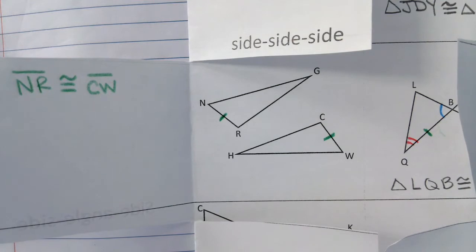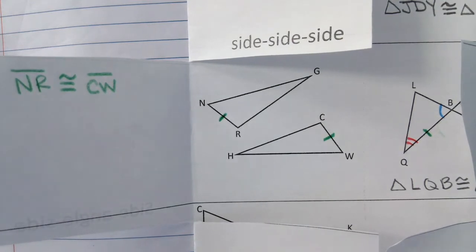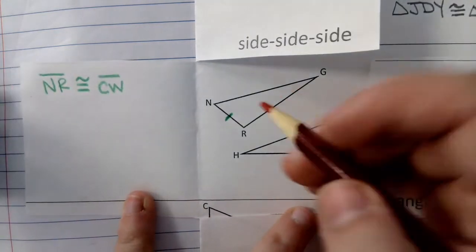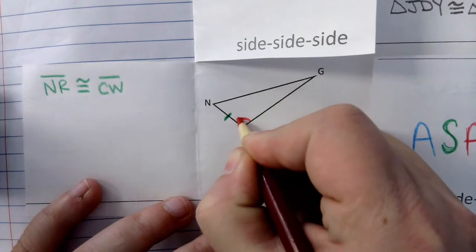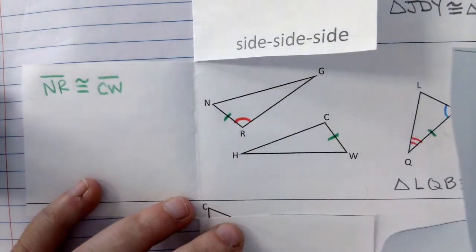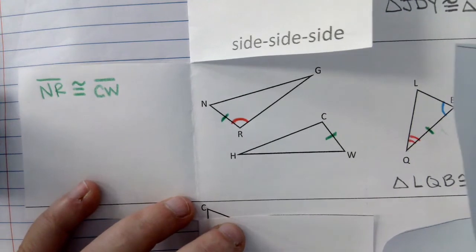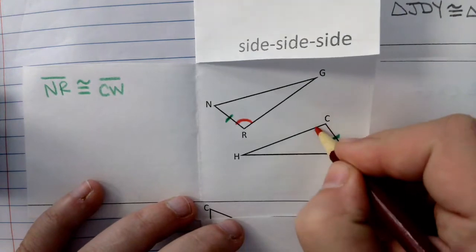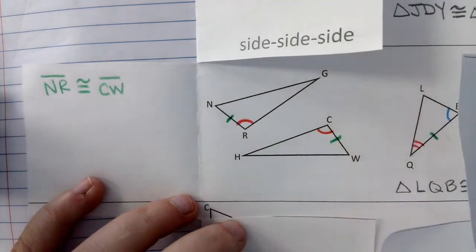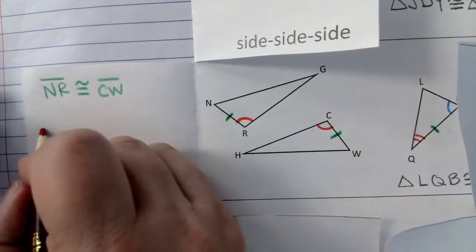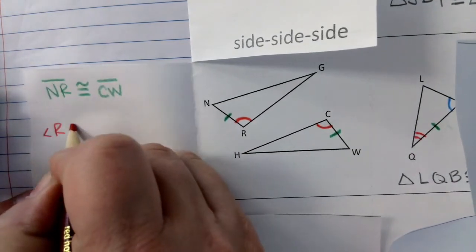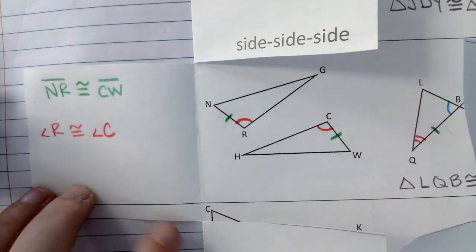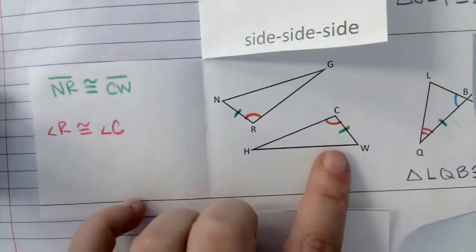And angle R is congruent to angle C. Now, even though we're only using 1 letter, because when I say angle C, there's only 1 angle there for us to look at, could we name that angle with 3 letters? Could we say angle HCW? Yep, we could.